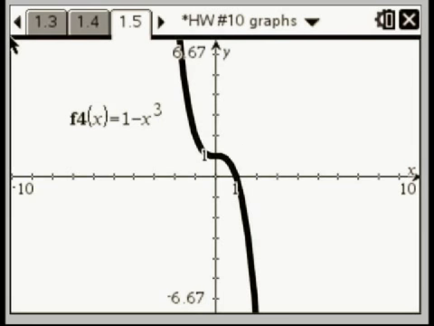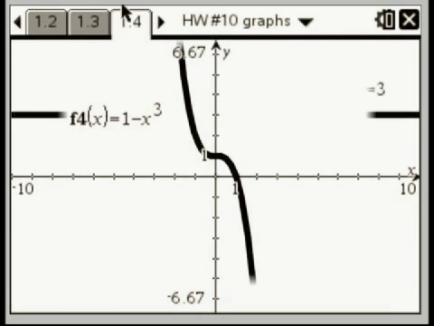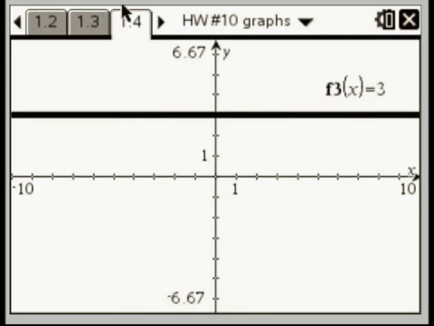This function, 1 minus x cubed, we're going to say is not bounded above or below. On the other hand, the function f of x equals 3 is bounded, and we're going to simply say it's bounded.